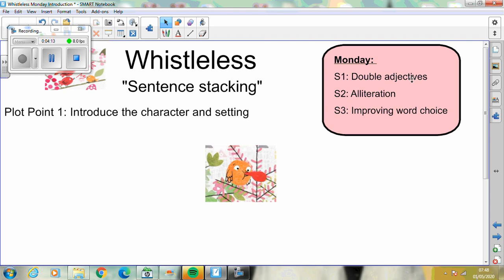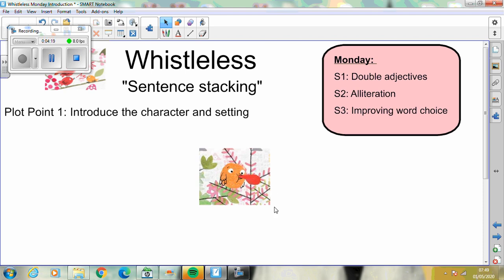Sentence 1 is going to look at double adjectives, and we're going to be using these adjectives to describe the character of Whistleless and establish the setting. The first thing we need to do then is think about the different types of adjectives that we would use to describe Whistleless.